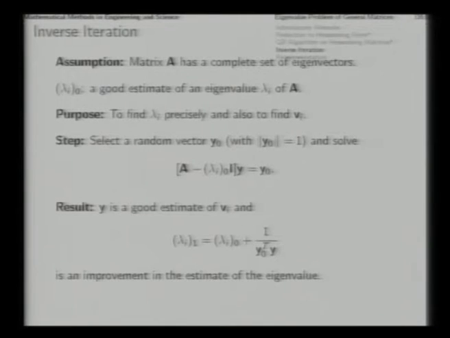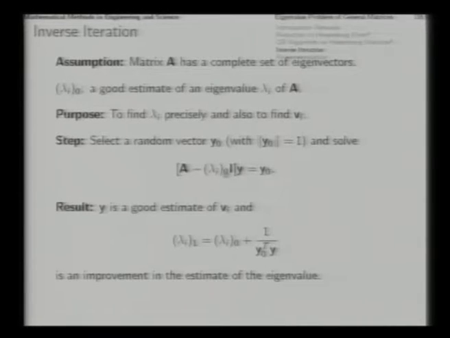The reason is that if we are constructing this matrix A minus lambda I 0 I, that will mean that all eigenvalues of this matrix get shifted by lambda I 0. If lambda I 0 were an exact estimate of lambda I, then this would be a singular matrix, and in that case, as it is, you would not be able to solve it.